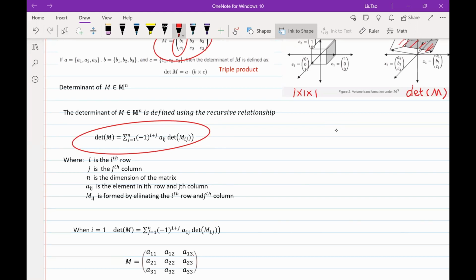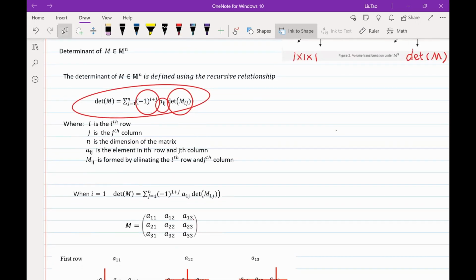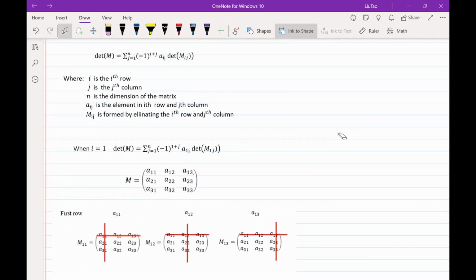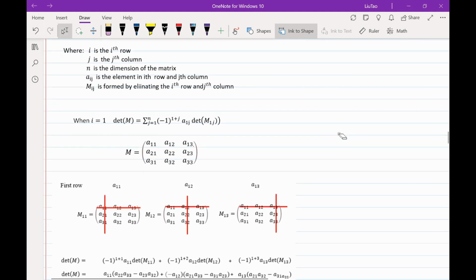If we expand along the row, then it's equal to every element times the determinant of a new matrix times the sign, and summed up. So this is also a little bit abstract. Let's take a look at an example.